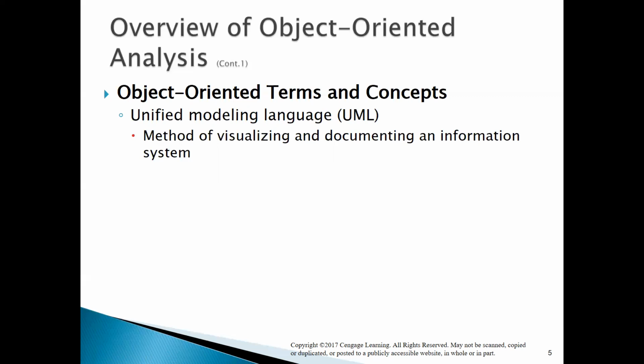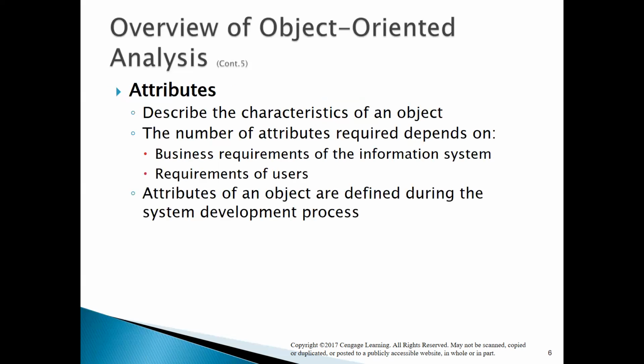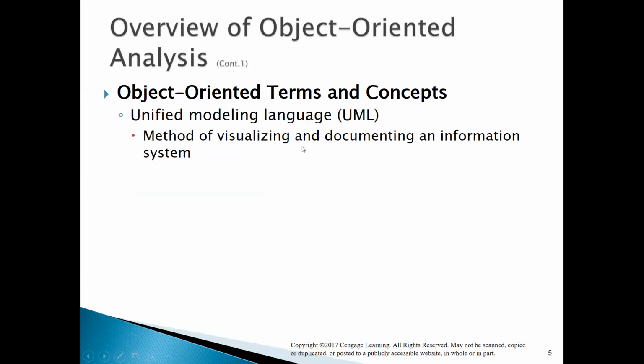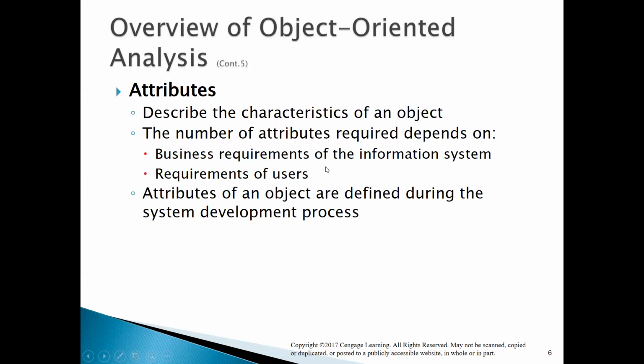And one of the terms is UML, Unified Modeling Language. So there's another important thing that you need to know, UML. Another term related to object-oriented is attributes. So what are attributes? They describe characteristics of an object. Also note down, please, what attributes are.